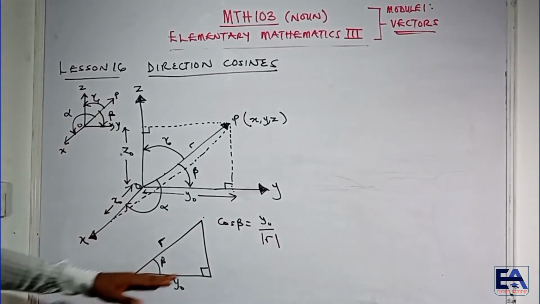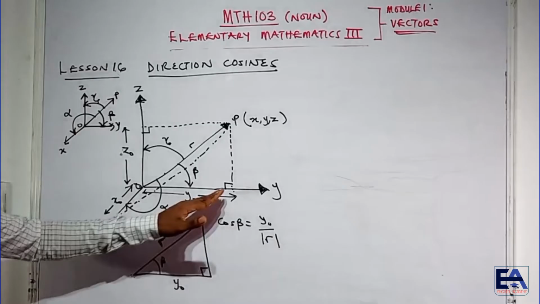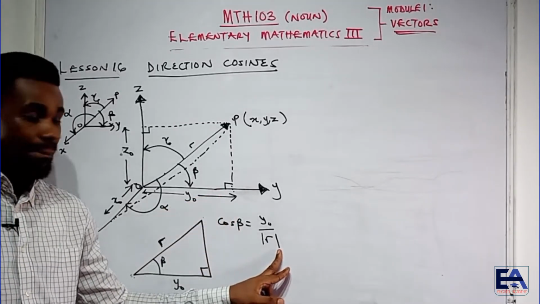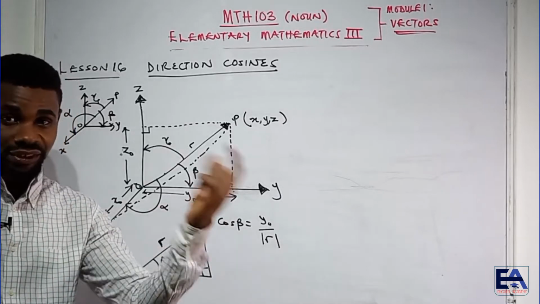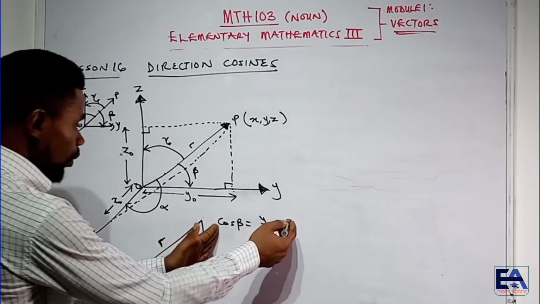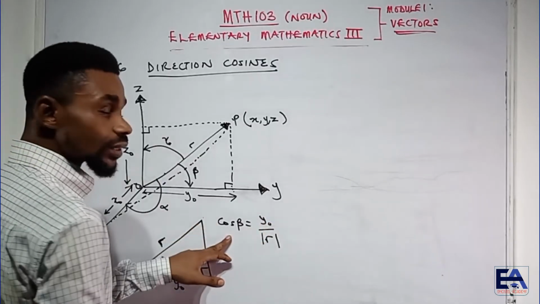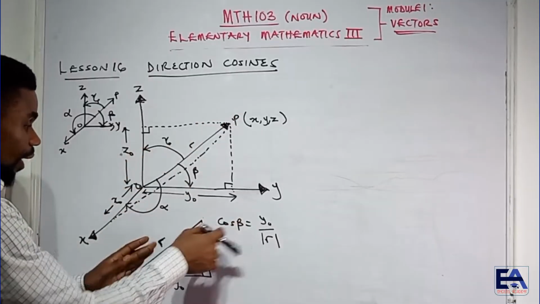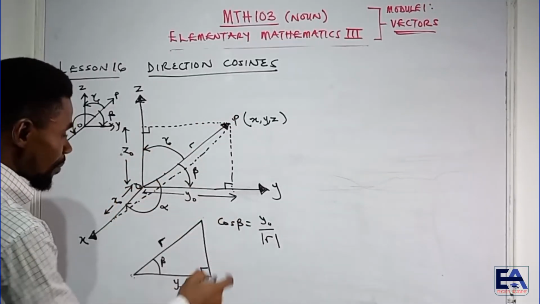The size of the vector that this line represents is what we put here, which is the magnitude. Magnitude is the size of a vector. So that is how this one was formed. This is the first direction cosine, the direction cosine formed with respect to y.